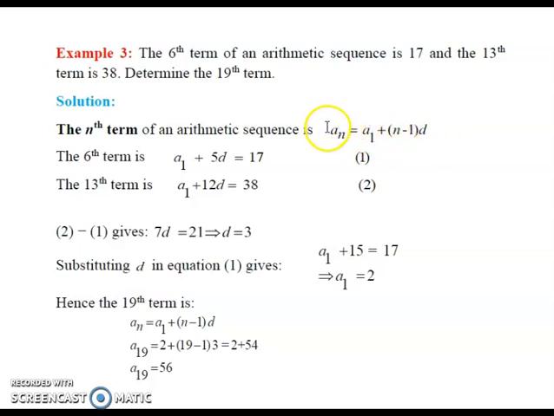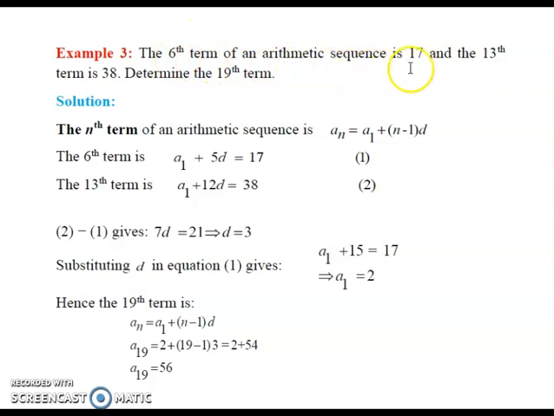To find the nth term, we need the first term a1 and common difference. So first we have to find these two terms a1 and d by using the given conditions.